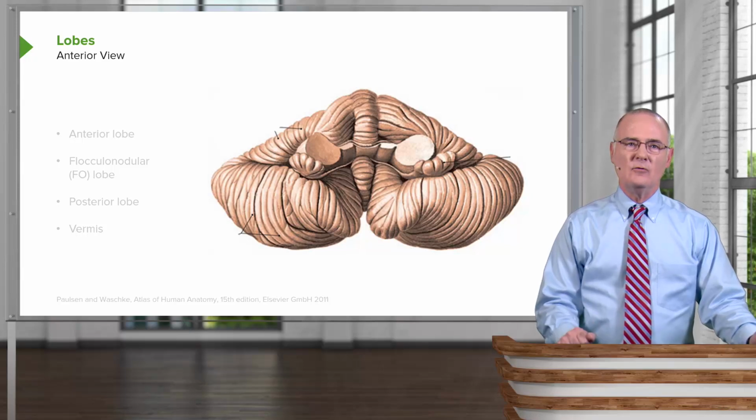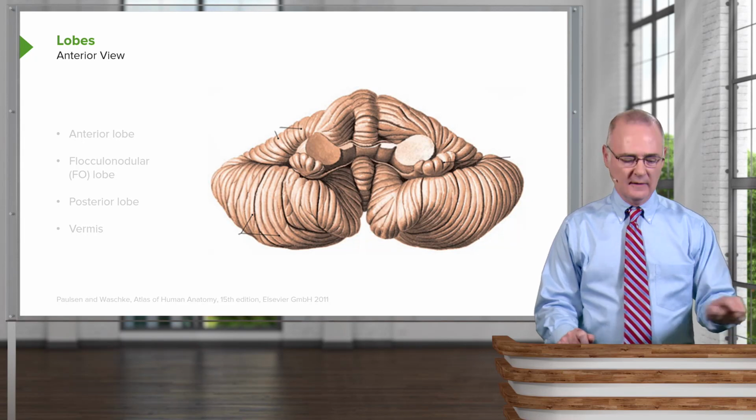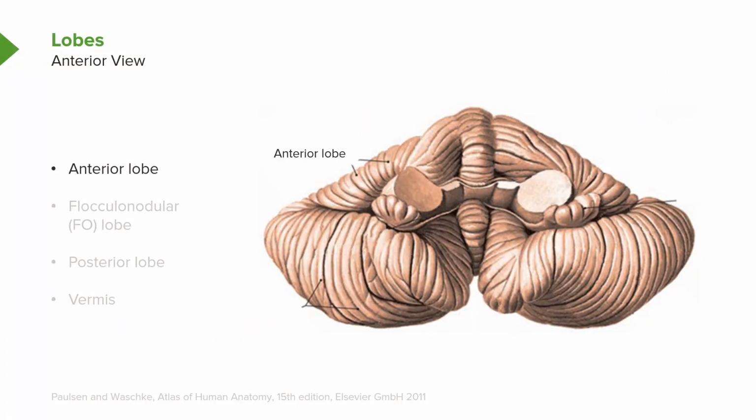Here's another view. This is an anterior view of the lobes. Here is the anterior lobe, in through here, and on the opposite side. The flocculonodular lobes are these extensions that we see here where it's labeled, and this is the opposite flocculonodular lobe over here.